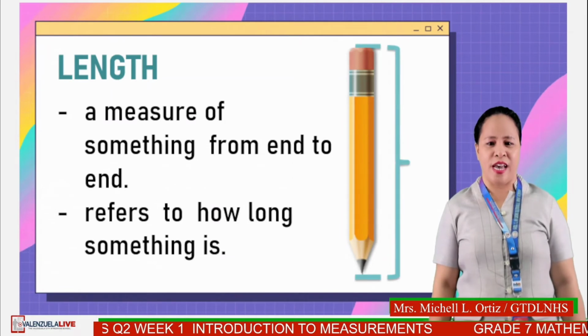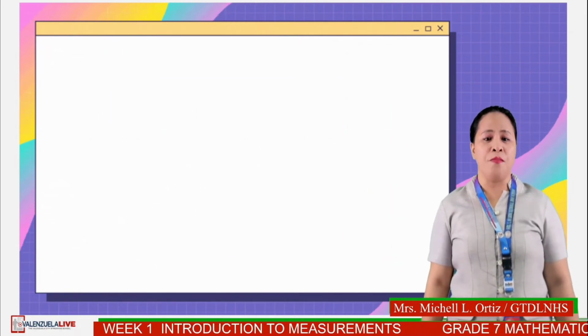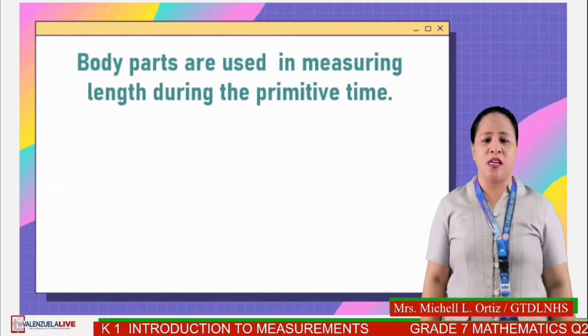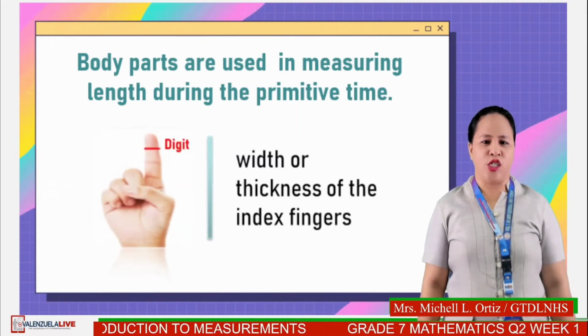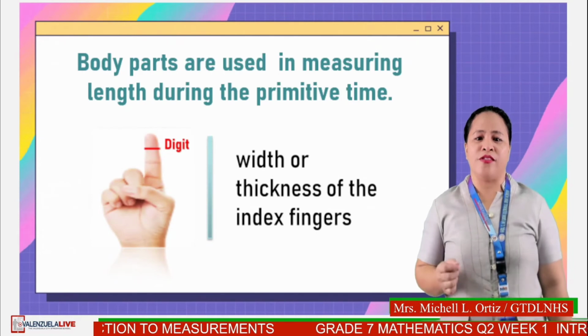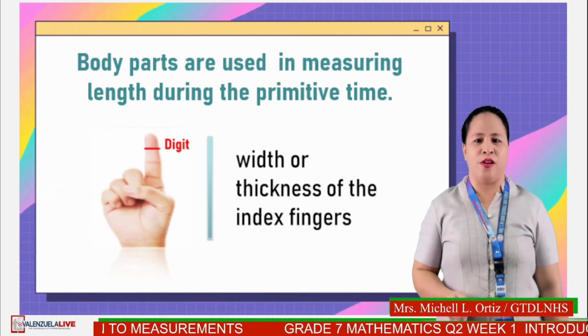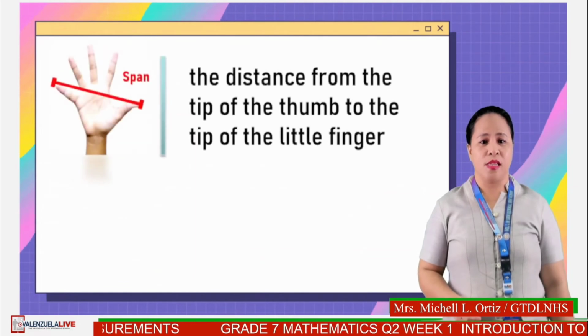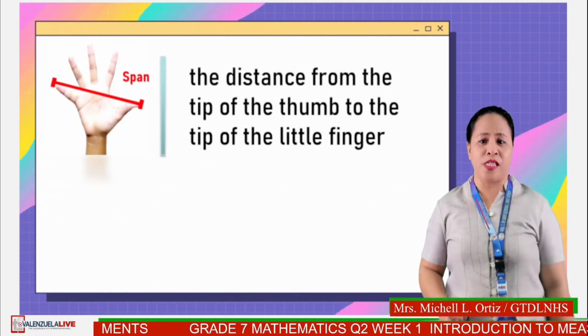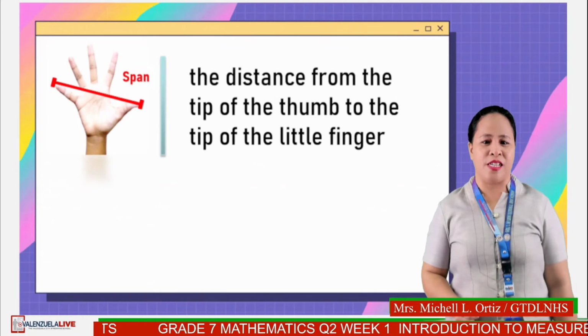During the earlier times, people only made use of their body parts for measuring length. Digit, width or thickness of the index finger. Hand, the distance from the tip of the thumb to the tip of the little finger.